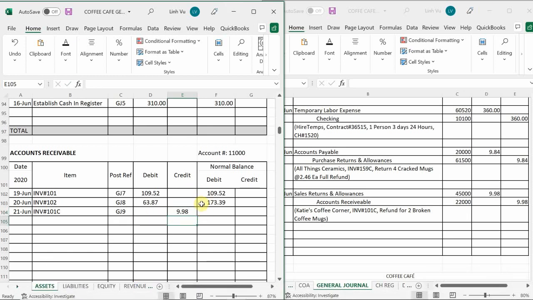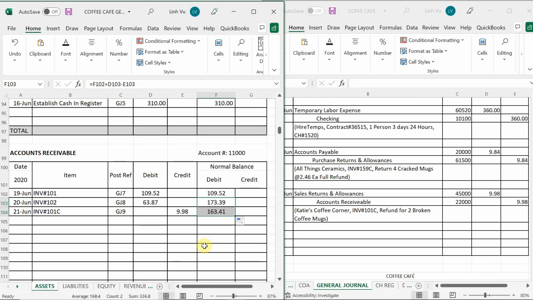If I started out with $173.39 and I need to subtract $9.98, how much is my ending balance? We got 63.41.